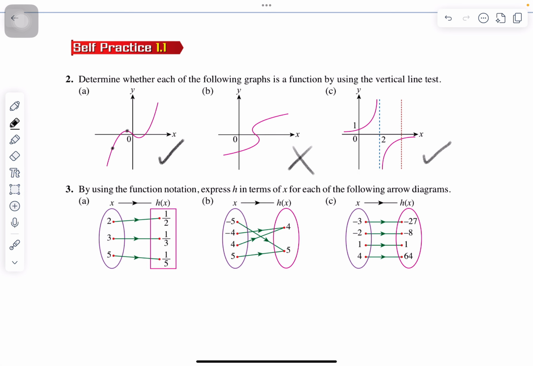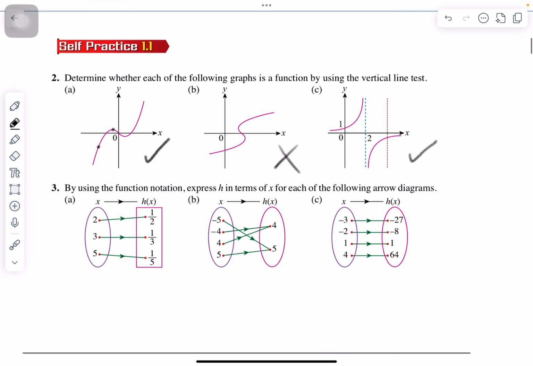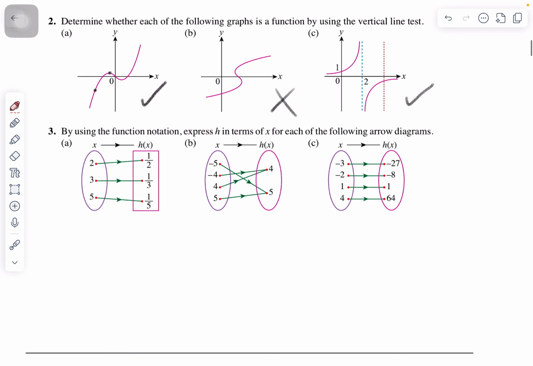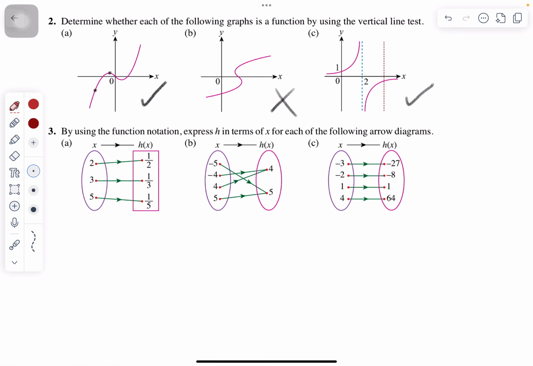Question 3. By using the function notation, express h in terms of x for each of the following arrow diagrams. Okay, so here we have to express the function. So let's switch off this dotted line. So 2 becomes 1 over 2, 3 becomes 1 over 3, and 5 becomes 1 over 5.